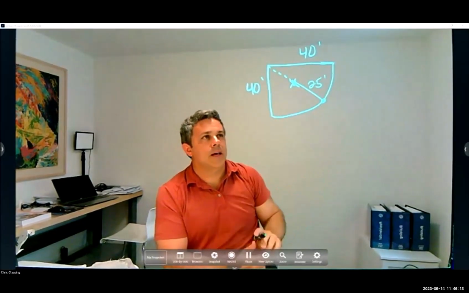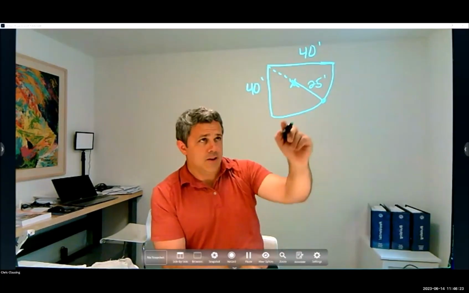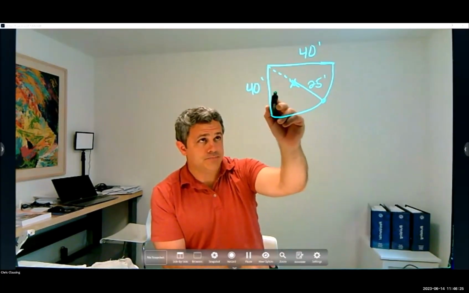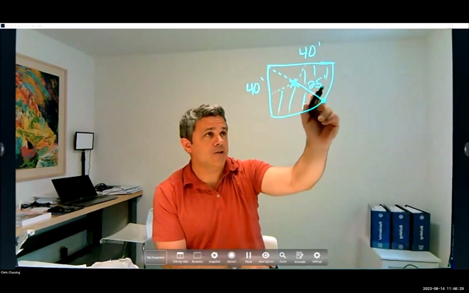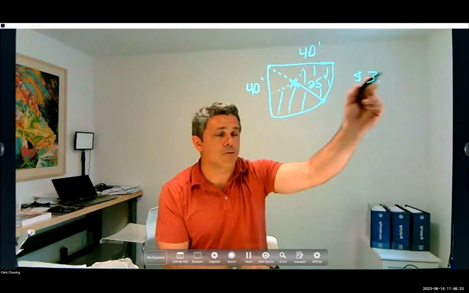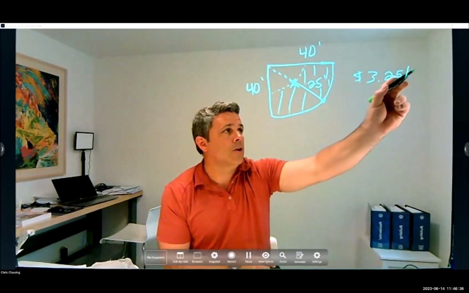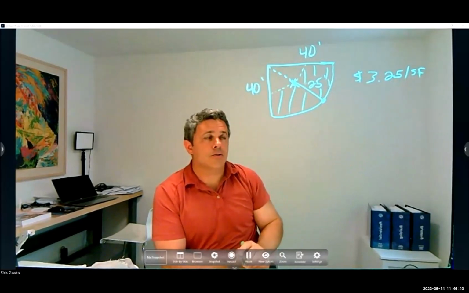It was a word problem related to the cost of landscaping. The idea was they were going to landscape this shaded area, from the X to the arc, with trees that cost maybe $3.25 per square foot. And they wanted you to calculate the cost.